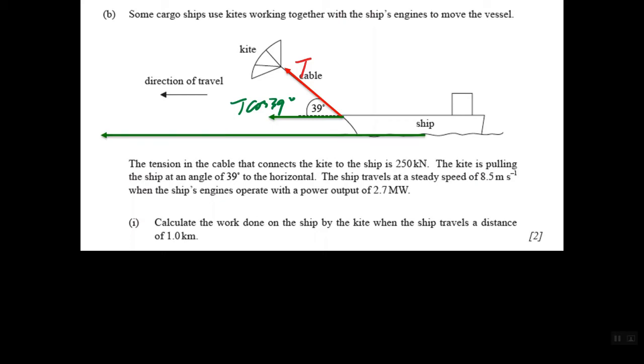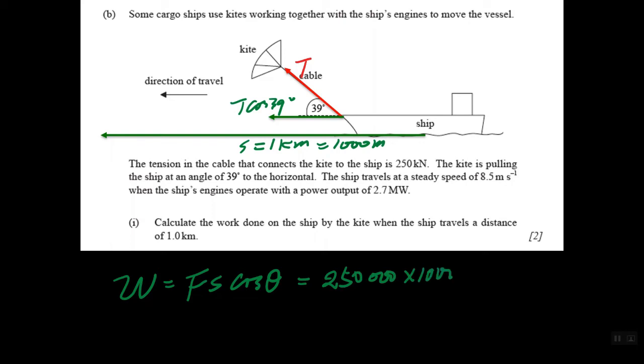So the distance traveled is S equals 1 kilometer, which is 1000 meters. So that is F times S times cosine theta. So the force is 250,000 newton. Distance traveled is 1000 times cosine 39 degrees. And that gives us 1.9 times 10 to 8 joule.